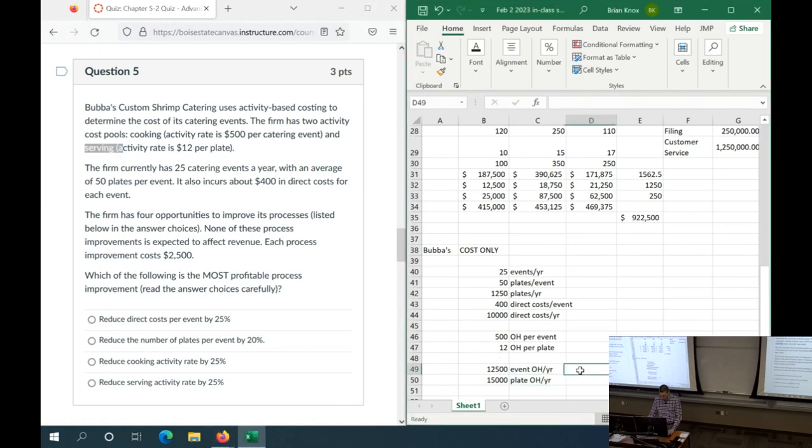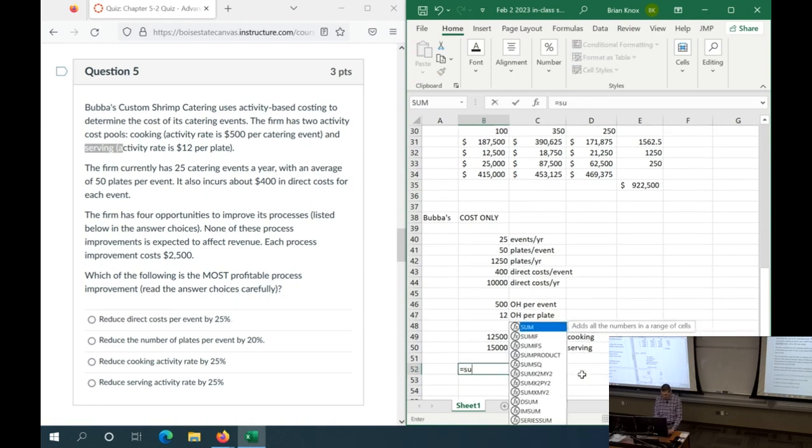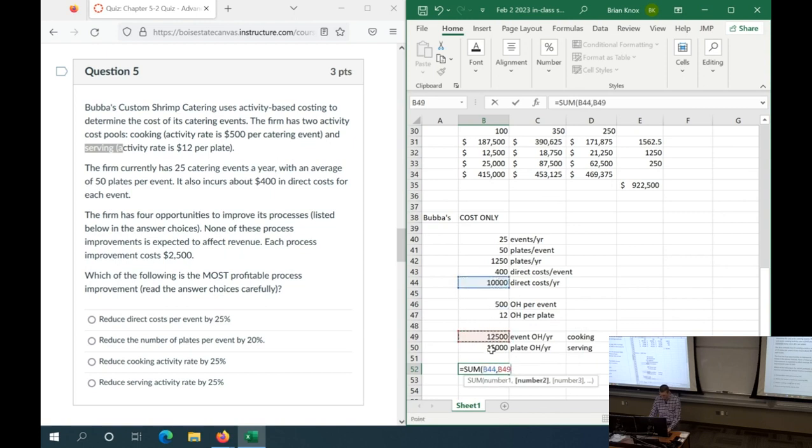So I can put that as well. I could change that if I want. Let's do cooking and serving. Those are the 2 activities that these represent. All right, so total costs, I'll put it here. Total cost is the sum of our direct costs, our cooking costs, and our serving costs.